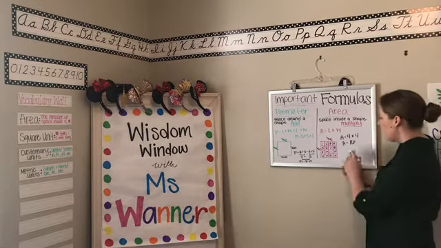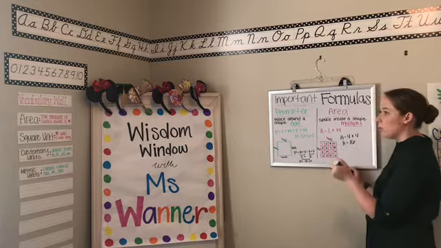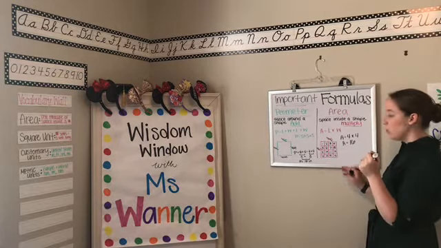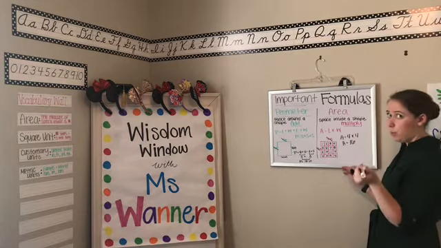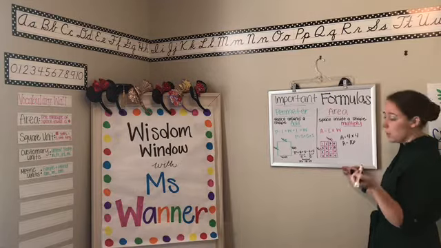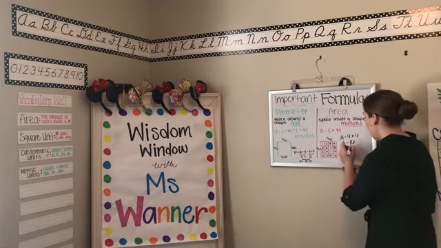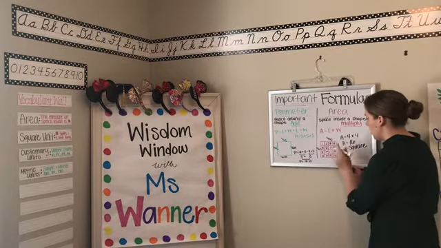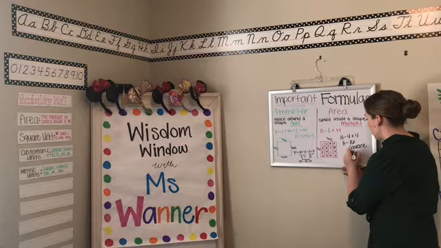So now that I've found 16, remember when we write an answer for an area, we're going to write it in square units. So I would write A, or area, equals 16 square. And then I look at the units, inches, so I'm going to write inches.